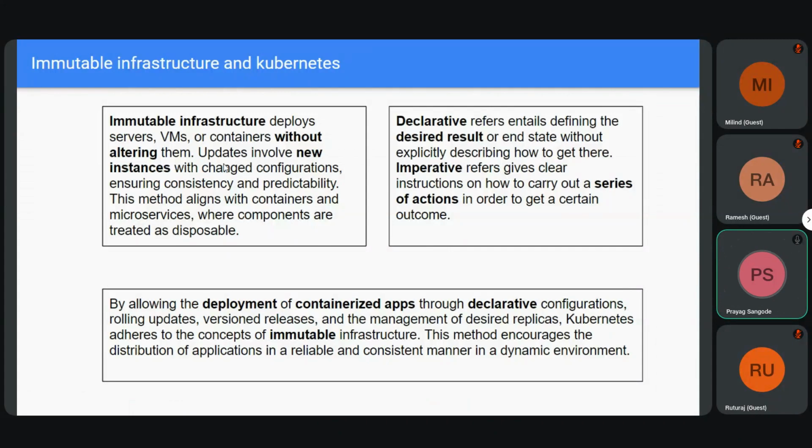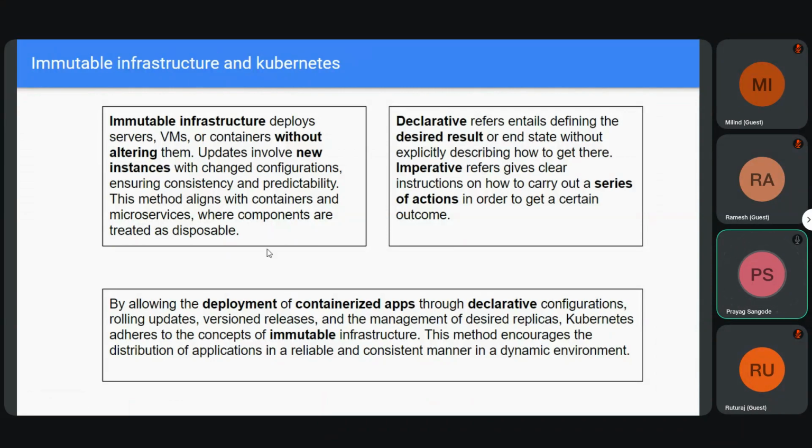Once it is deployed, it shouldn't be changed. That is called immutable, and mutable means we can change it. It is always recommended to have immutable infrastructure. Once it is deployed, it shouldn't be altered.